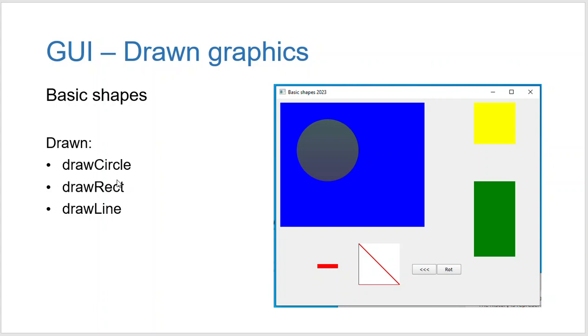You have already used the rectangle earlier, so you're supposed to know a little bit how to use that. Drawing a circle could be done in a few ways, and I'll explain that later. What are those ways? And then we'll go through how to draw the line.